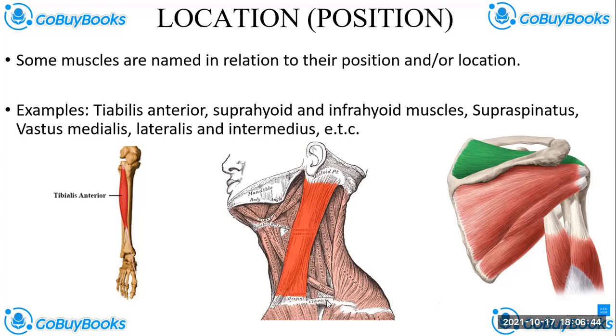That muscle that you can feel is the tibialis anterior, because it is located anterior to the tibial bone. That is why it is called tibialis anterior. That is the plain explanation, that is how it got its name.